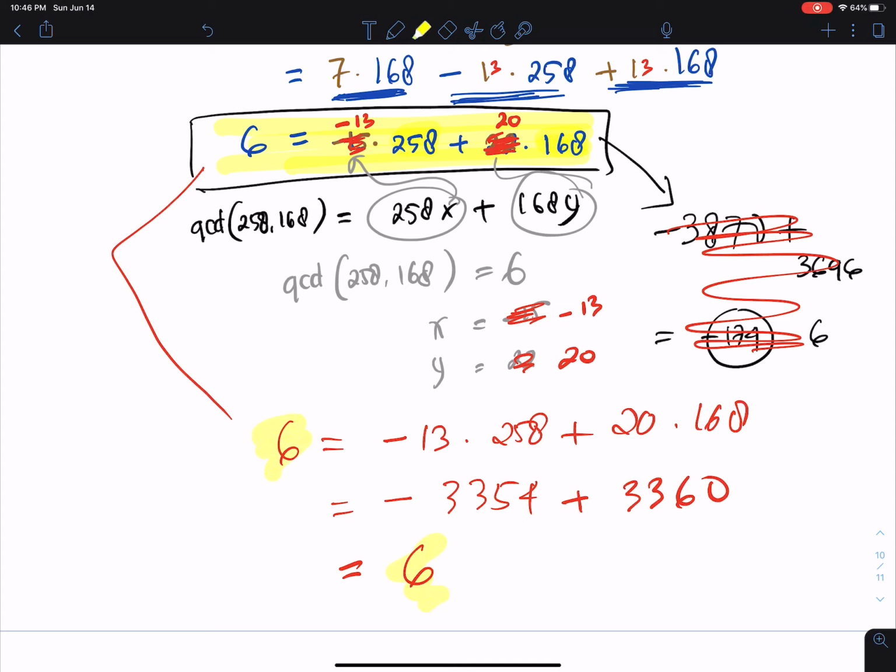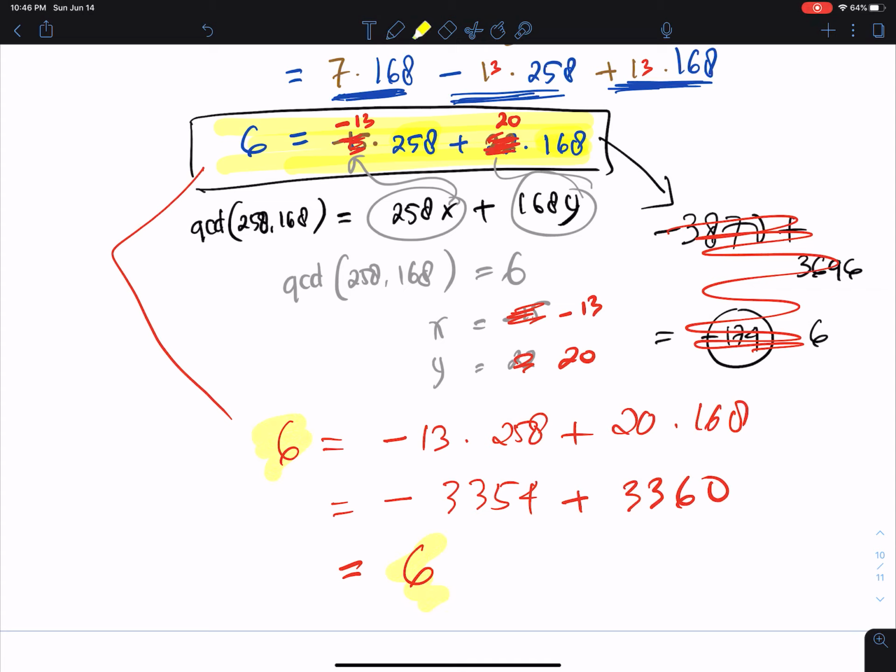Okay, so you might say that this one looks more complex rather than using the prime factorization, but I will tell you not, because as I mentioned, if we use prime factorizations, remember, the higher the number, the longer time we need to find the prime factorization for each number.